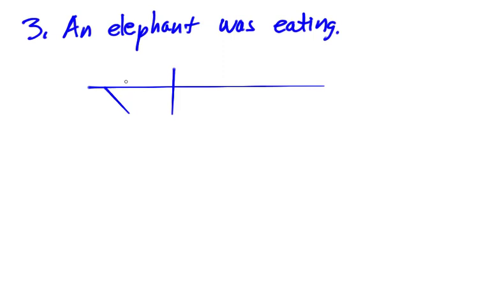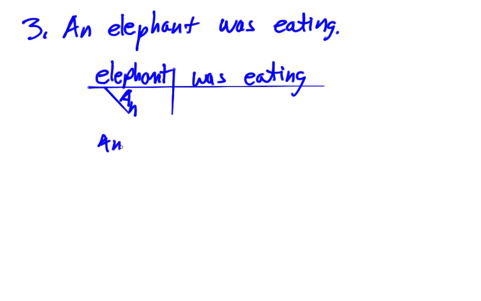Okay, next, number 3. An elephant was eating. So an indefinite article, elephant, subject, was eating is our verb phrase. Okay, so let's make our legend.